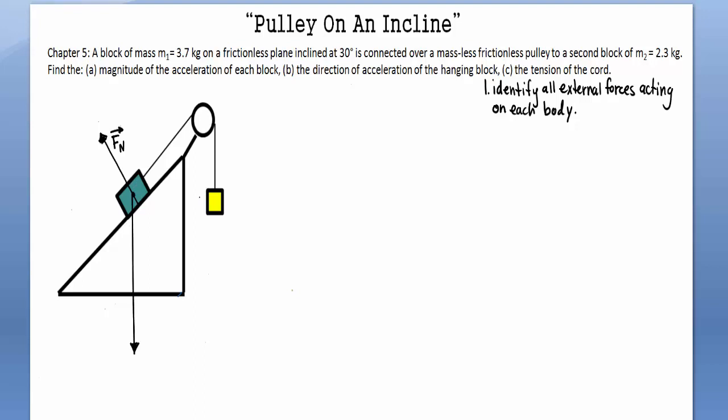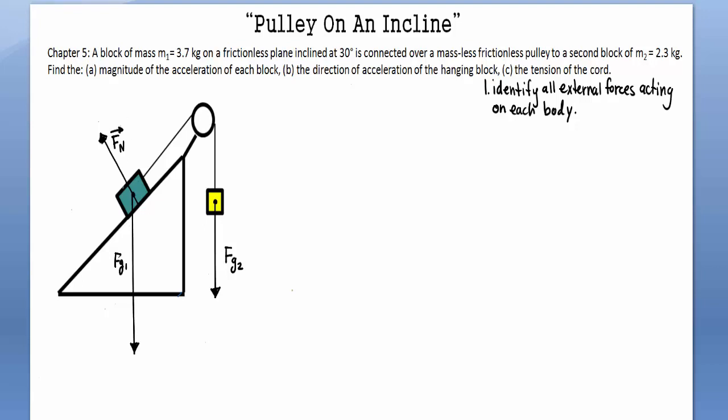And for this second body, we have the gravitational force that comes straight down. So we can say this is Fg2, this is Fg1, and both of these bodies have different masses.